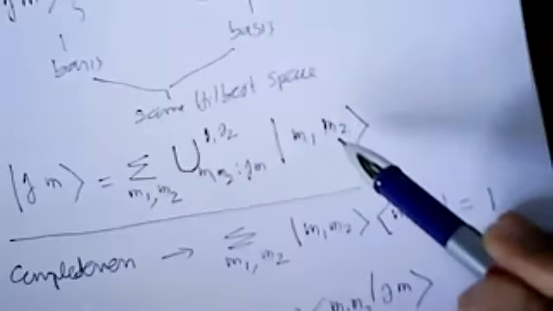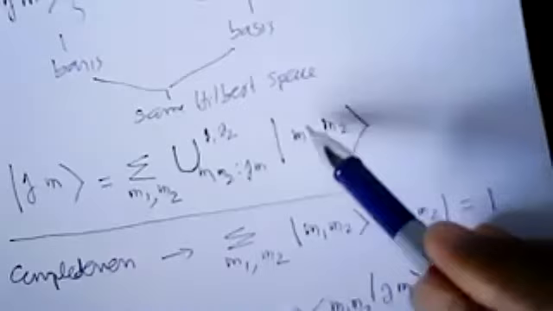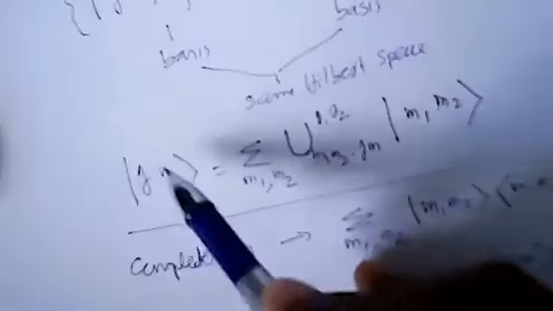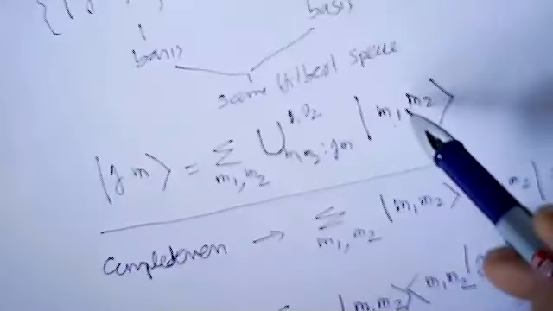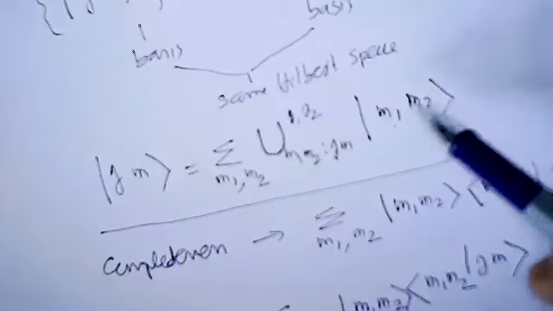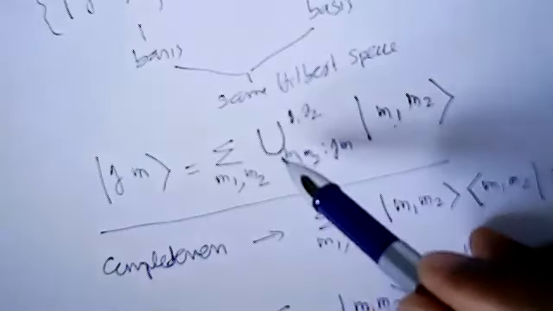So what is this actually? Ket Jm is the state after addition, and this is before addition. Angular momentum, if you add, the result is this one. So the final result you will obtain from initial results with the help of this U.